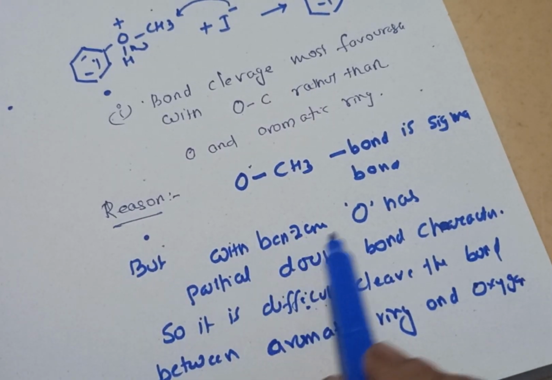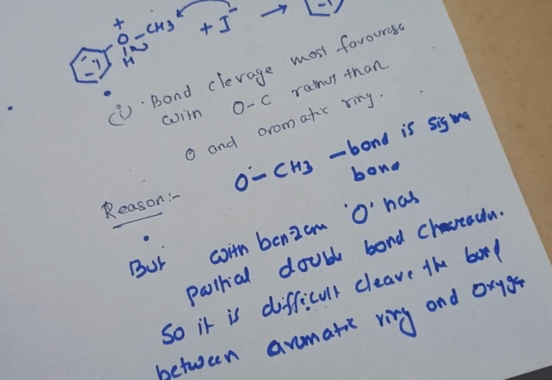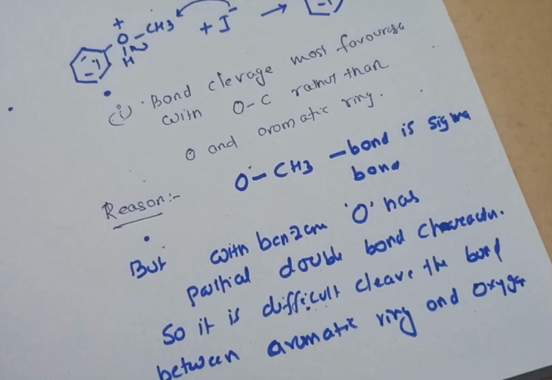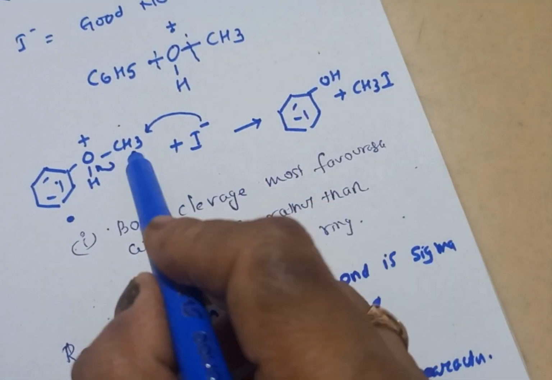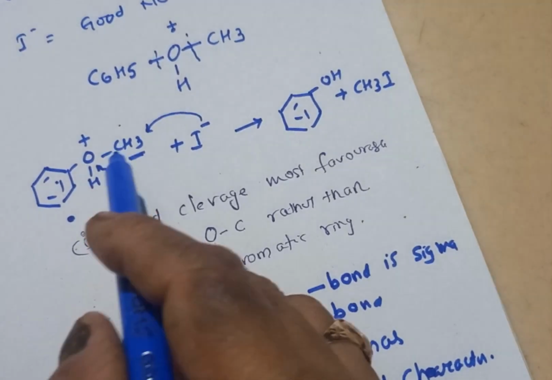Here with benzene, oxygen has partial double bond character due to resonance. Right, students? So therefore the nucleophile attacks only the smaller carbon. It is very easy to cleave.